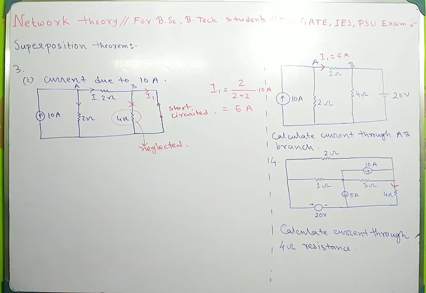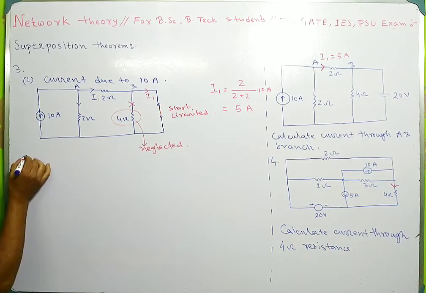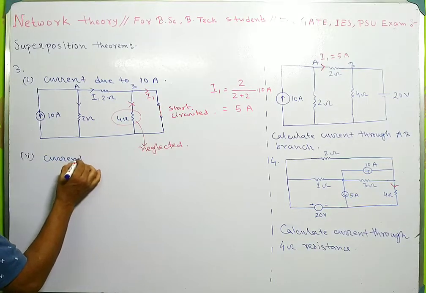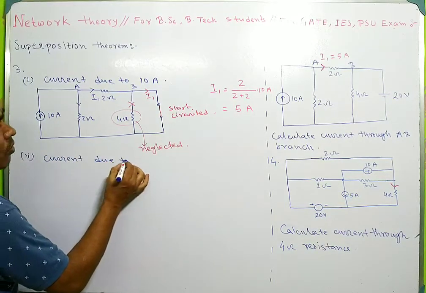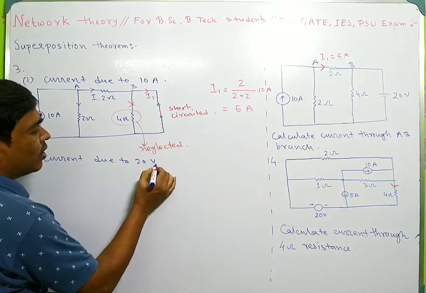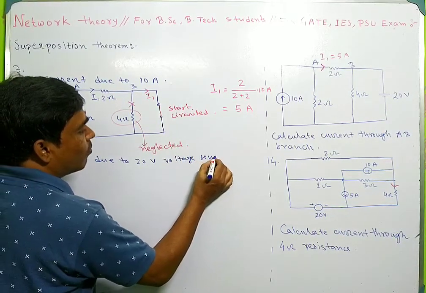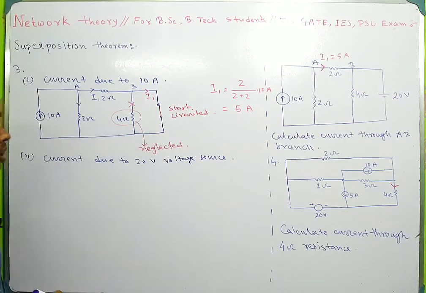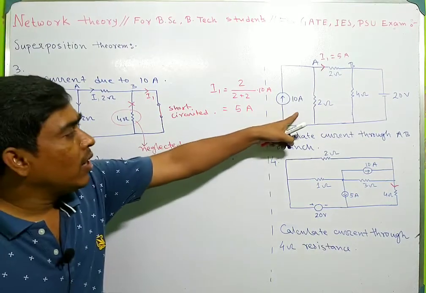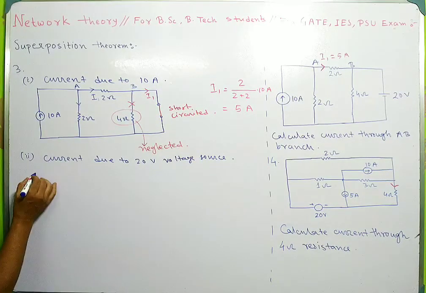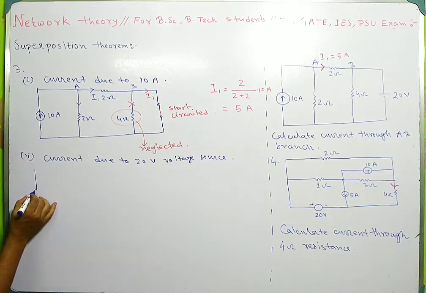Okay. Now number 2, current due to the 20 volt voltage source. In this case, the circuit is to be redrawn. So what will be the circuit?